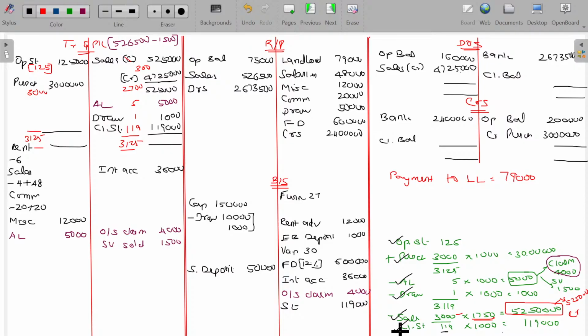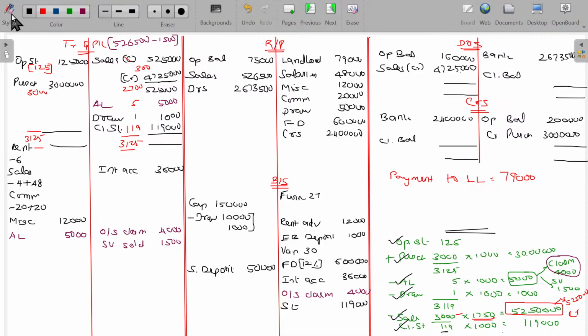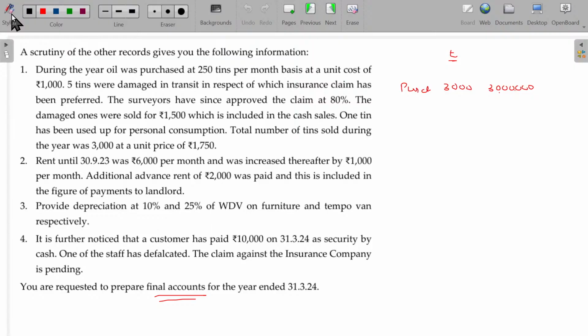So we have completed posting all these items related to stock adjustment. Clear? We have completed only one adjustment currently. Still we have how many adjustments? 3 more adjustments. So rest of the adjustments now we'll decide. So adjustment number 1 is over.